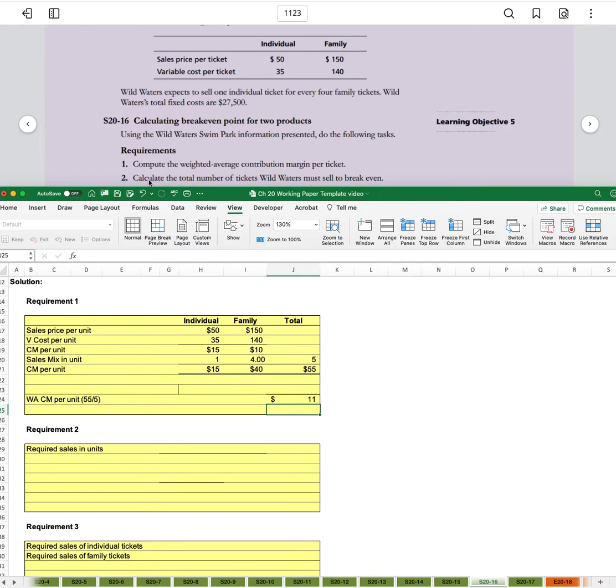Requirement 2 asks us to calculate the total number of tickets Wild Waters must sell to break even. Required sales in units will be equal to our fixed costs plus our target profit divided by the contribution margin per unit.